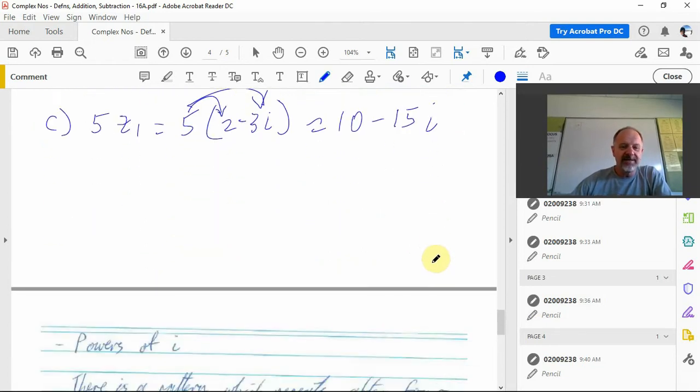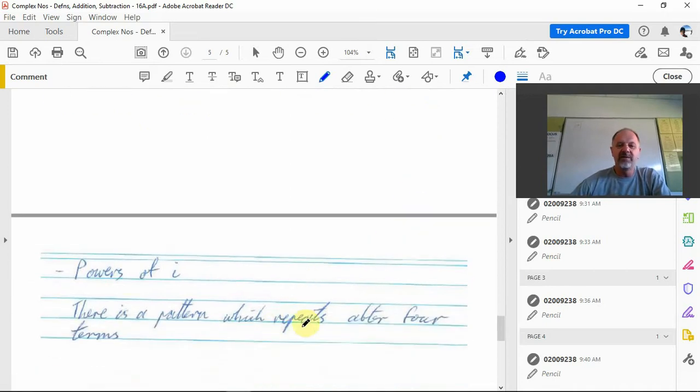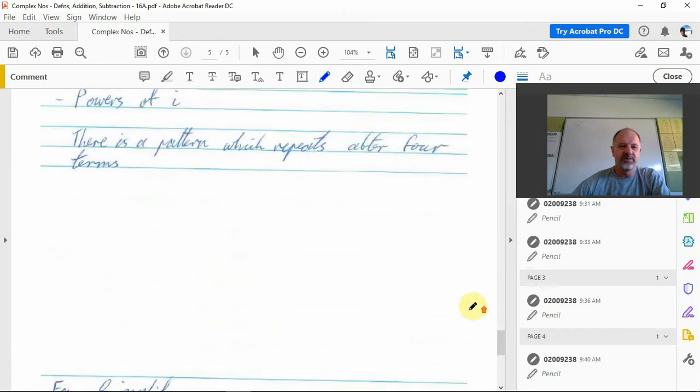All right, there are some interesting things that happen with imaginary numbers because of that i squared equaling -1. As it says here, there is a pattern which repeats after 4 terms.